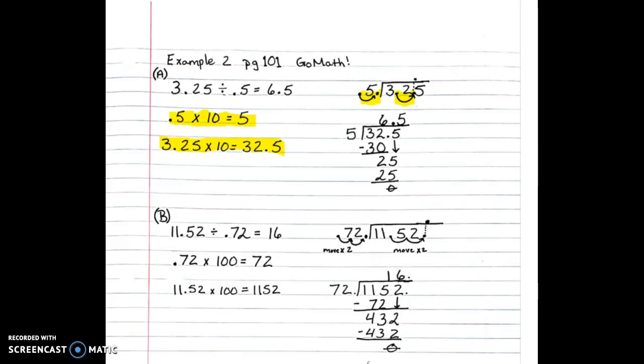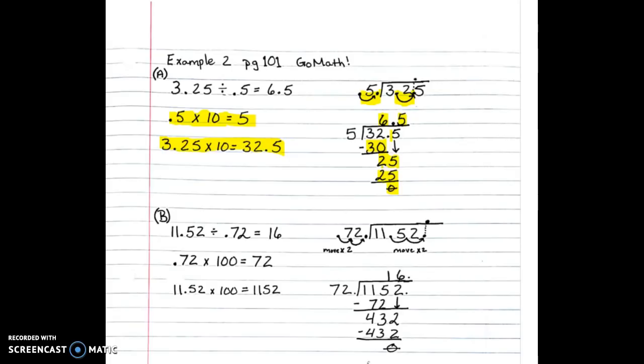So 5 goes into 32 6 times. 6 times 5 is 30. Subtract that, you get 2. Bring down your 5. 5 goes into 25 5 times. 5 times 5 is 25. Subtract that, you get 0. And then you float your bobber up. So your quotient is 6 5/10.